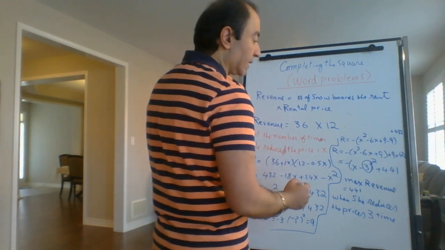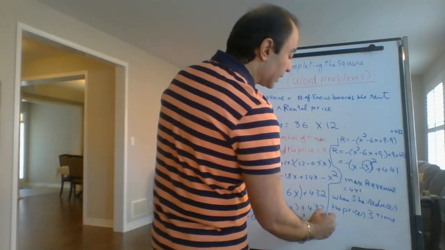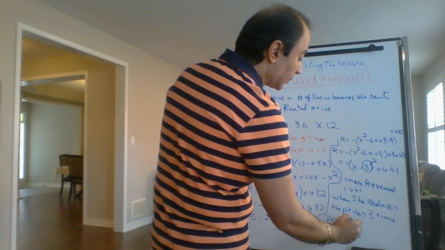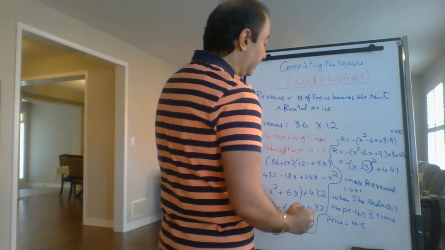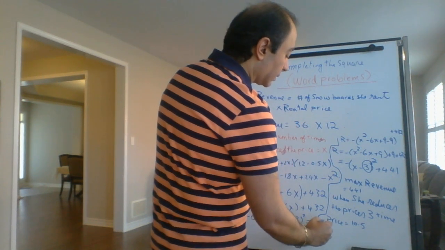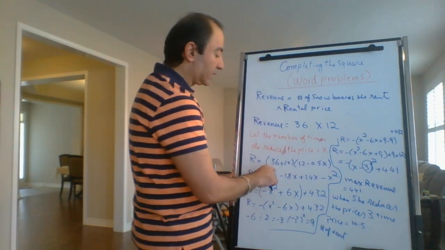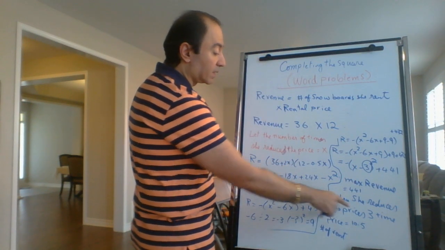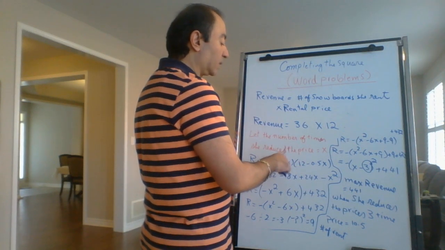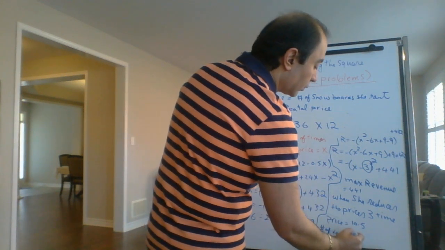The price in this case, if we reduce it 3 times, each time by 0.5, is 10.5. The best price that gives the maximum revenue is 10.5, and the number of rent in that case will be 36 plus 2 times 3, because this is the 3 times we're going to reduce the price. So that will add 6 rents to the original rent, so 42 rents.